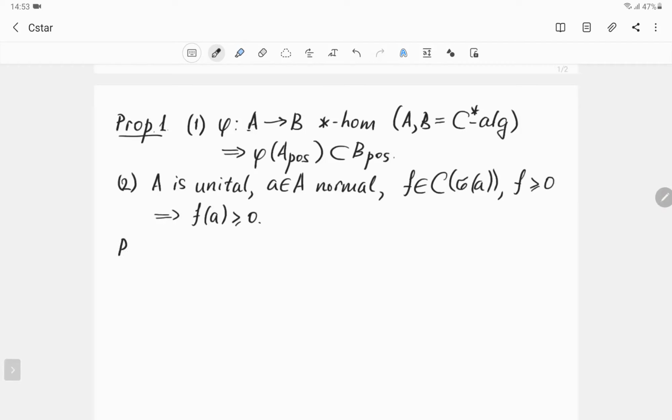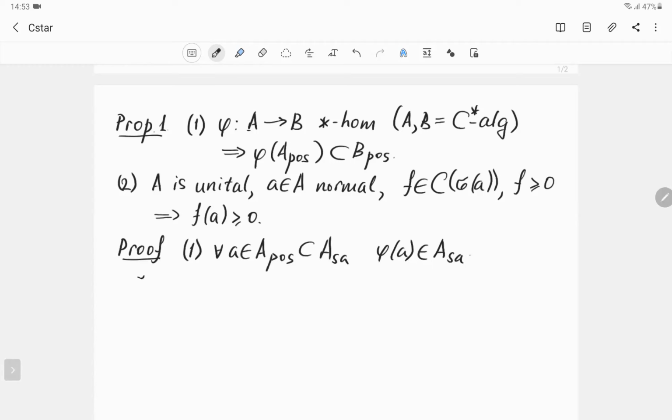The proof is very easy. First of all, if little a is a positive element, so we know that, of course, each positive element is self-adjoint by definition. So phi of a is also self-adjoint. Clearly, a star homomorphism takes self-adjoint elements to self-adjoint elements.